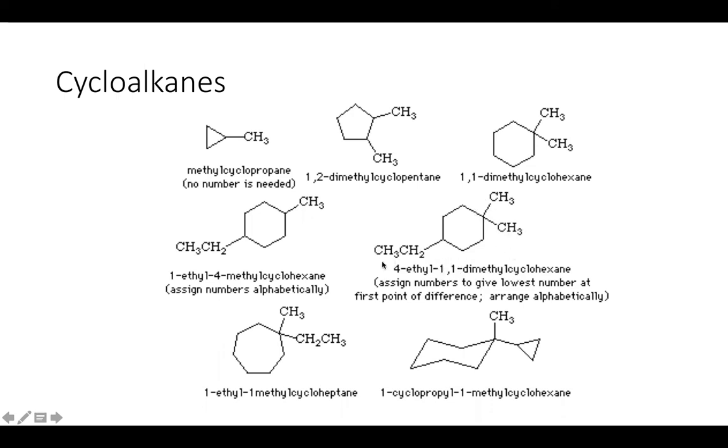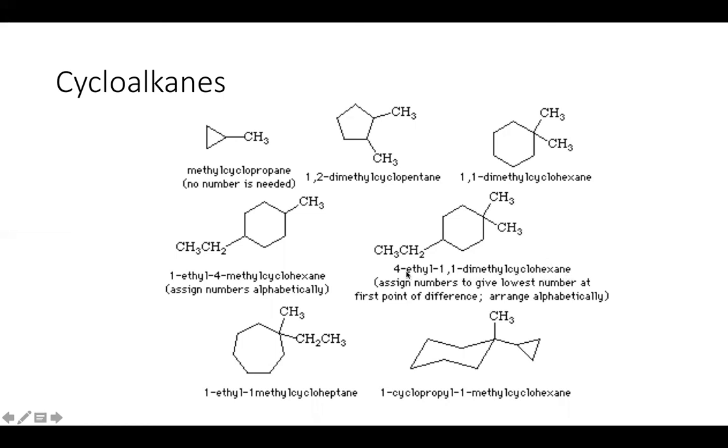Again, we want our numbers to be the lowest in the naming. So we want these to be 1s instead of both being 4s. Okay, but we still got to list it alphabetically. So this becomes 4-ethyl-1,1-dimethylcyclohexane.